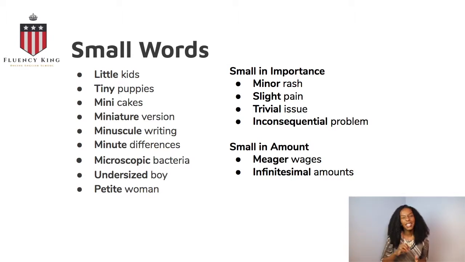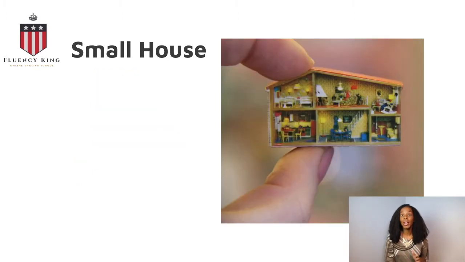So hardly anything, almost nothing at all. Infinitesimal. Insufficient funds, meaning so little money that you can't afford to buy something. You do not have enough money to buy something with insufficient funds. Very small money. So now I'll give you some examples.